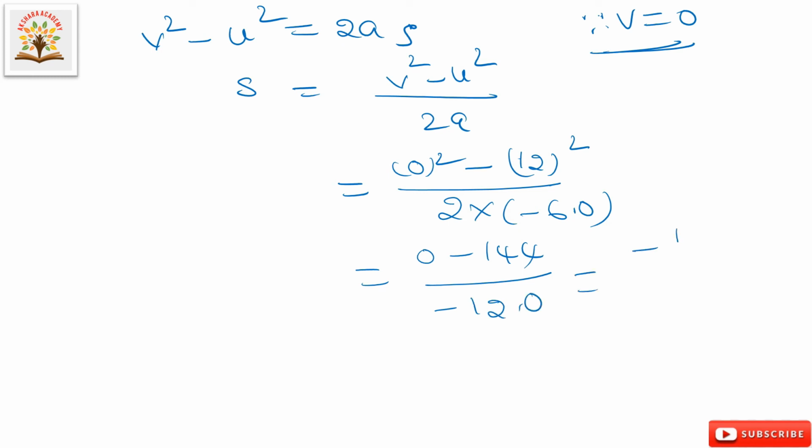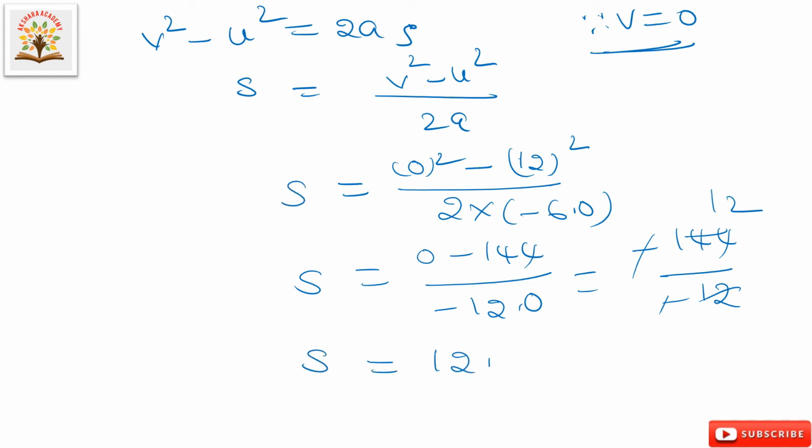So that is minus 144 by minus 12. Minus minus gets cancelled, 12 ones 12, 12 twelves. So the distance covered s is equal to 12 meters. So therefore s is equal to 12 meters. Okay. Next we will go to the next question.